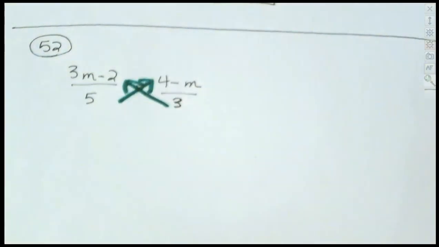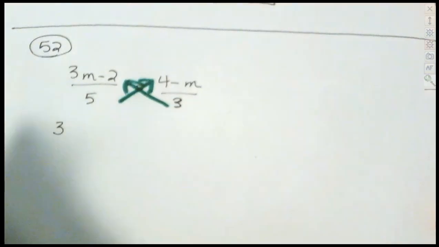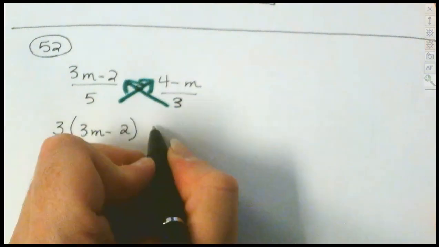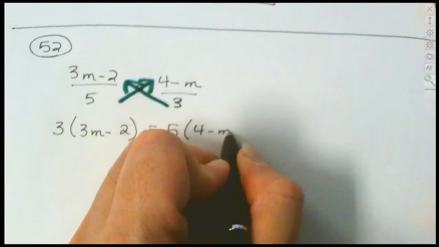Again, same procedure. You want to go ahead and cross multiply. Now, when we cross multiply, we're going to have to make sure that we use the parentheses. So we're going to go ahead and cross multiply. So that's going to be 3 times 3m minus 2. And that's going to equal 5 times 4 minus m.